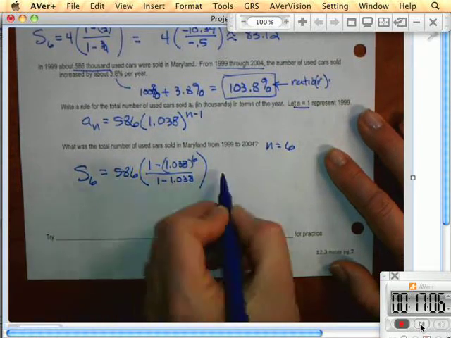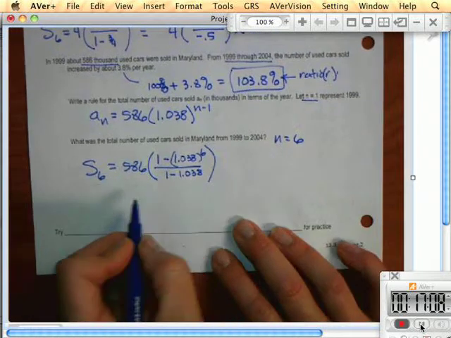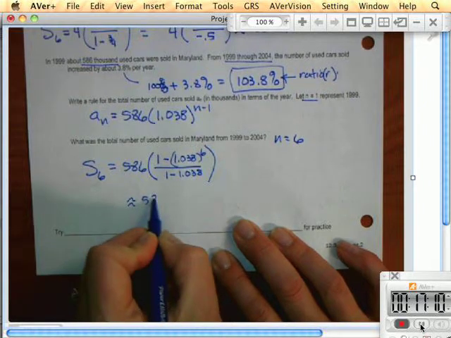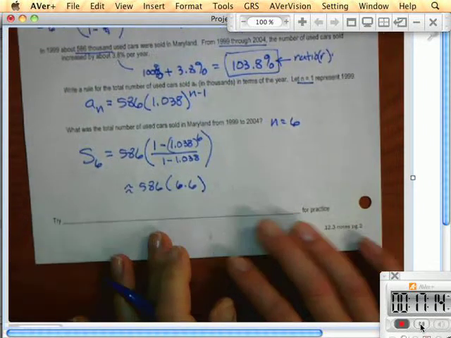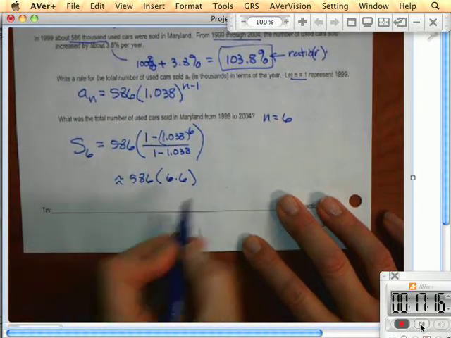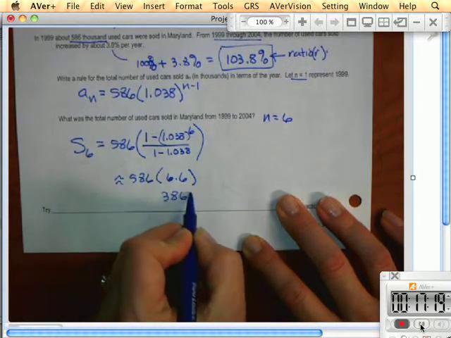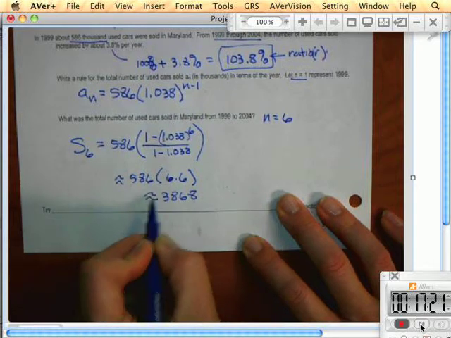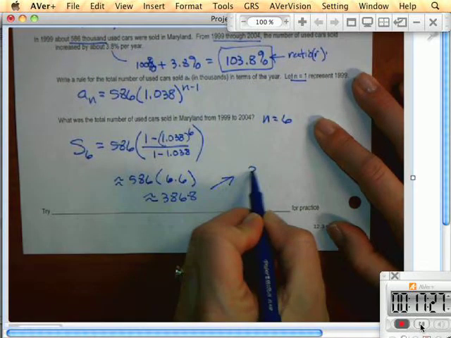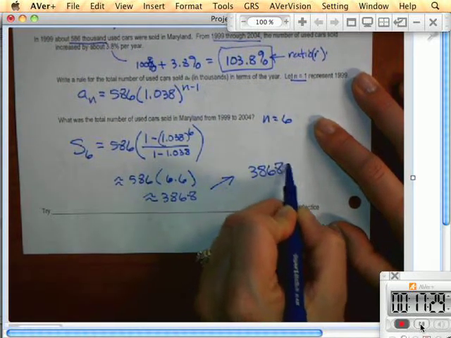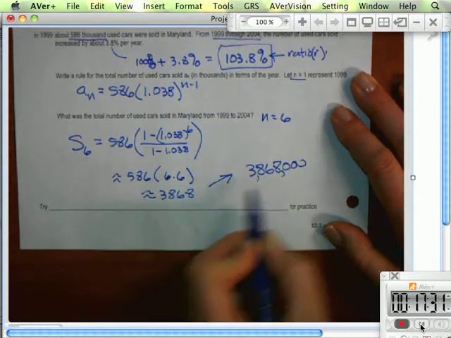It's about 586 times 6.6, which gives me 3868 approximately, but don't forget we're talking thousands, so it's actually 3868 thousand, that many cars.